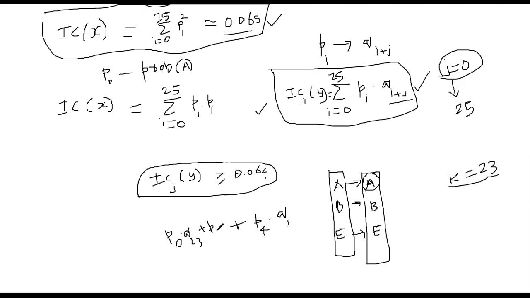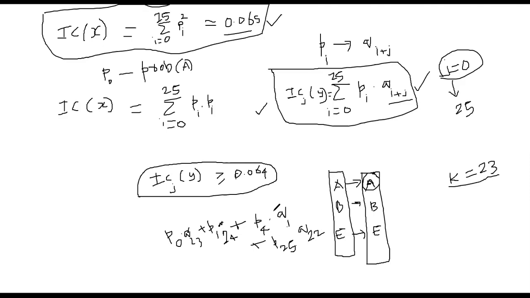We do this all the way to P25. Where will P25 map to? 25 times 25 plus 23, which is 48, which is 22. So this is basically what you will compute for each guess. Only for the correct J value will your IC of Y be close to 0.065, and then you are done.